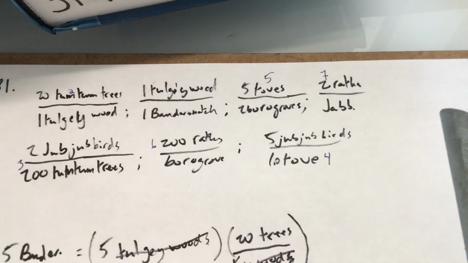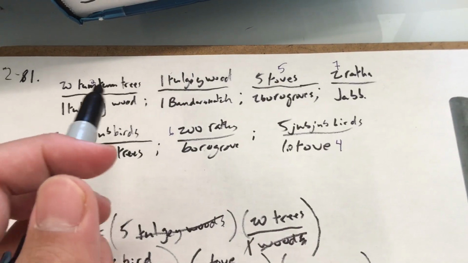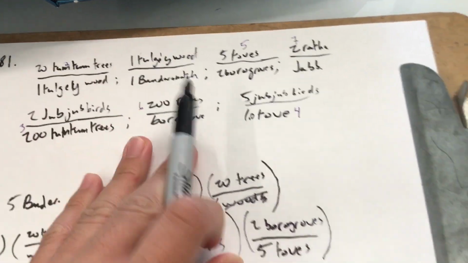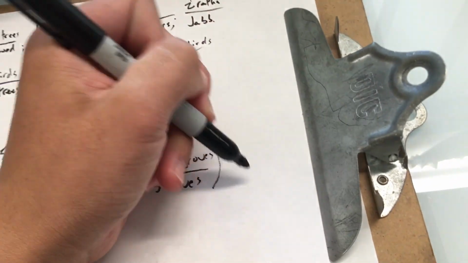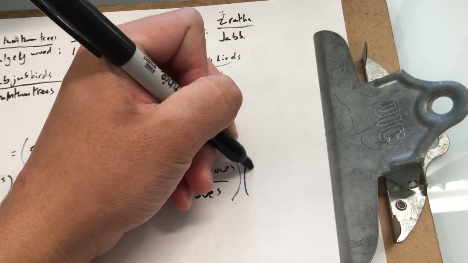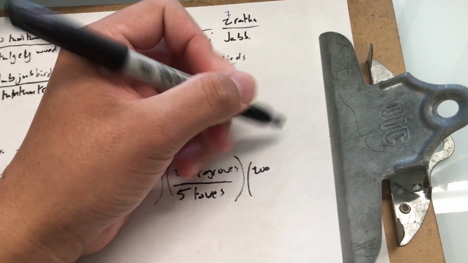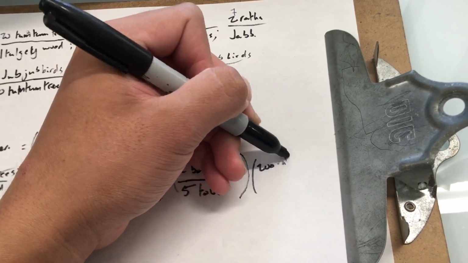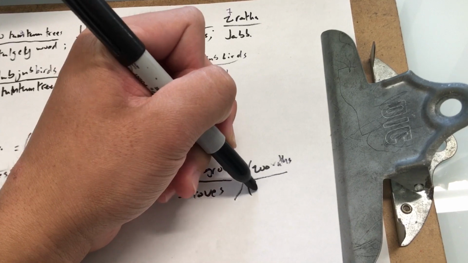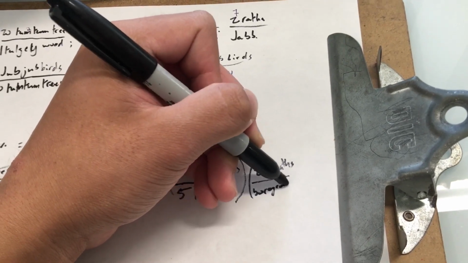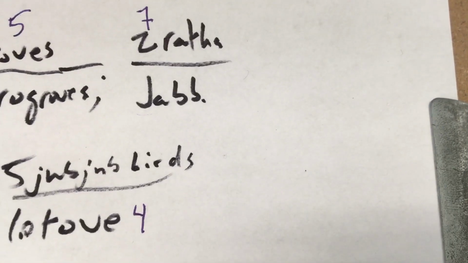Now we need to find borogoves up here. So we go to number 6, and it should be here, right there. 200 wraths per borogove. So now we have 200. And now let's extend this, my bad.